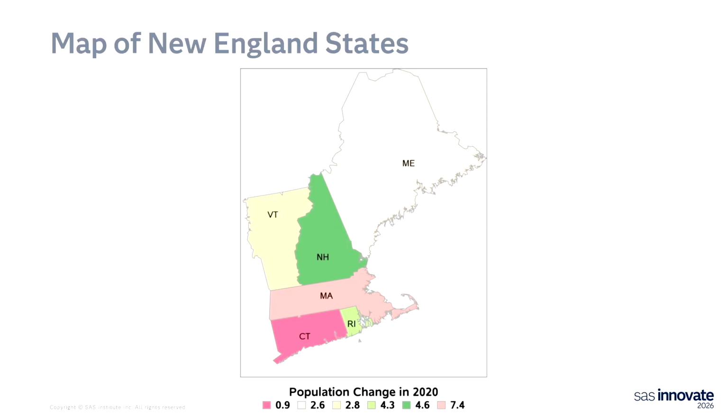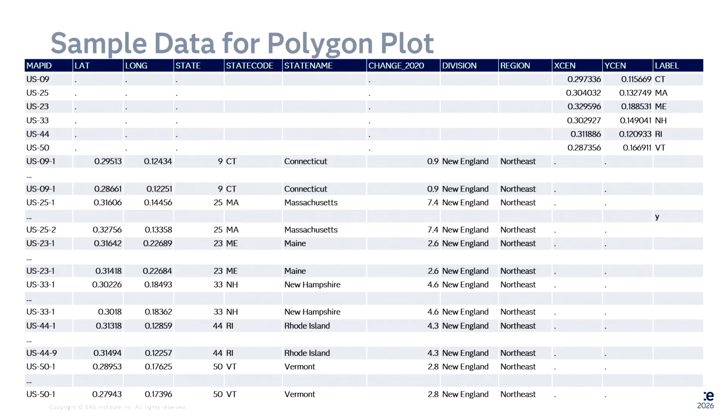So on the screen, you see a SAS-created choropleth map of New England region states, a choropleth map that uses differences in patterns, colors, or symbols contained within the geographic regions to reflect different data or different ID variables. And here you see data values, population change in 2020, controlling the color of the states, and ID values, i.e. state abbreviations, annotated on the states.